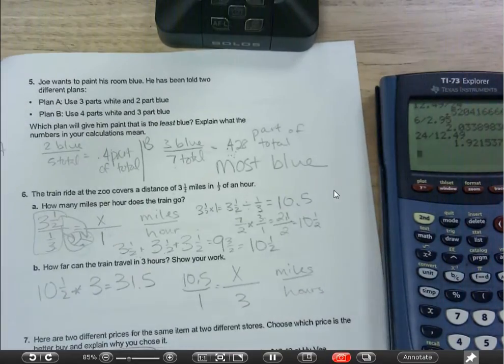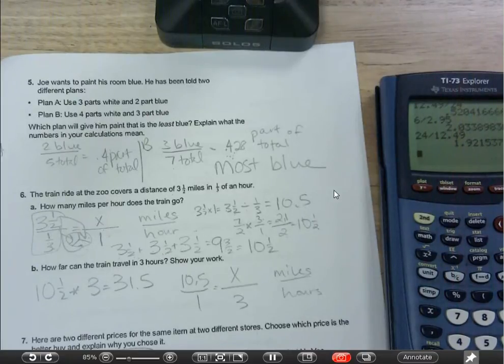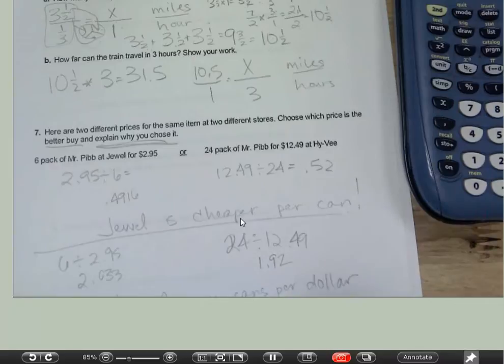So again, we would choose Jewel because you get more cans per dollar. You know, we talk about this a lot where I just realized you can't even see what I was writing. Sorry about that, guys.